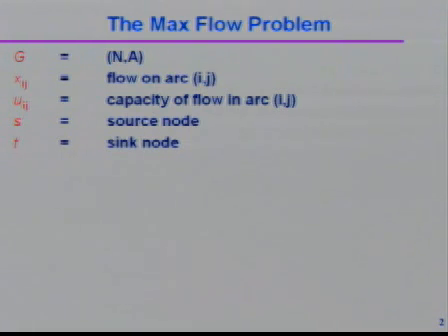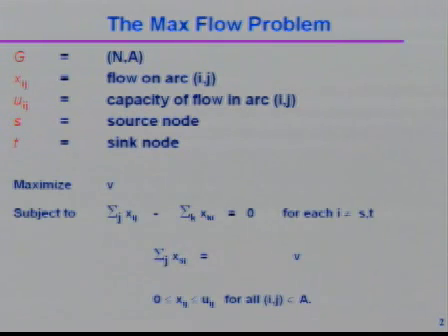That is the only relevant parameter on the arcs. Okay, so there are no costs. There are only capacities. You have a source node S and a sink node T, and the question is, find a way to shift as much stuff as possible from source S to sink T, and the only restriction is that you obey capacity constraints.